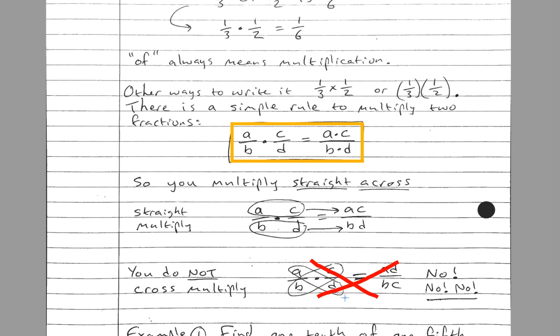It's when we're solving proportions that we'll cross multiply. It's not used for multiplying fractions. So don't do that. It's easy to remember. You just multiply straight across.